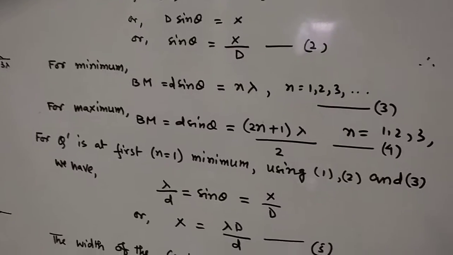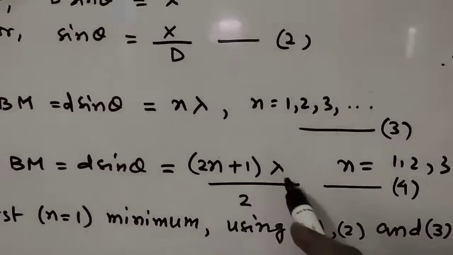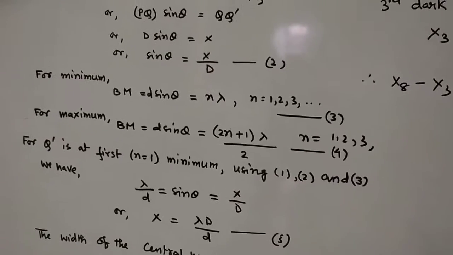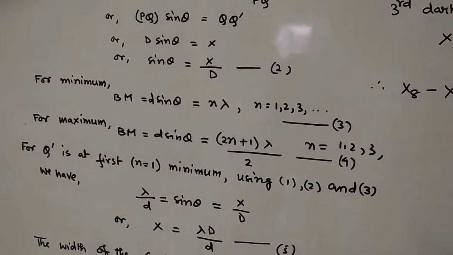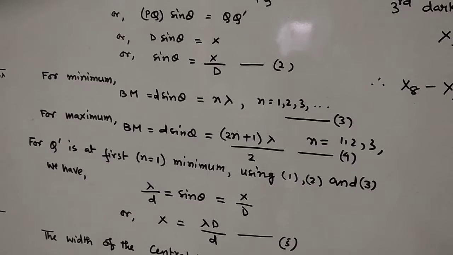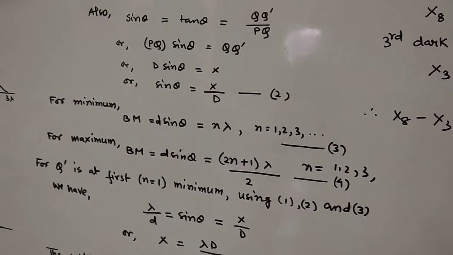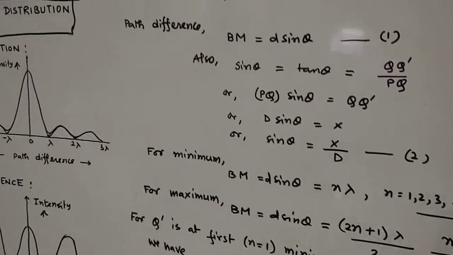So if it is your 2, then it's your 5 lambda by 2. So 5 lambda by 2 means you have to split the slits in 5 equal parts, and for 4 equal parts the phase difference is your pi, but for the fifth one there is light because there is no corresponding pair.